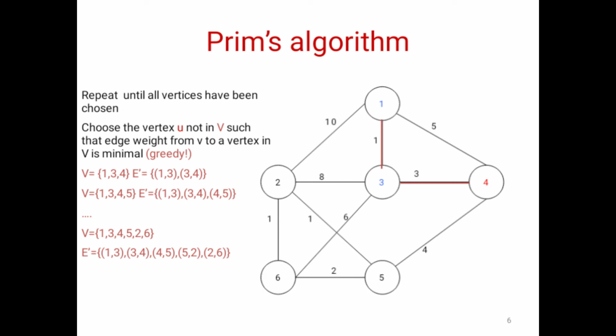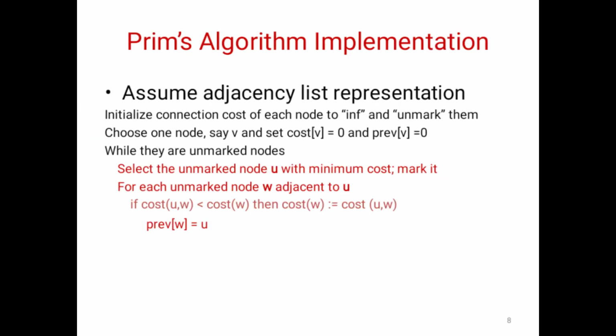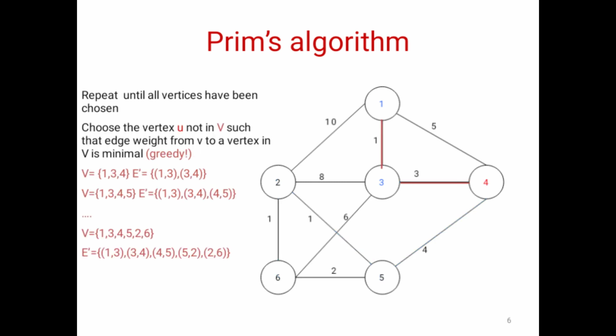You can see here I have chosen 3 to 4, highlighted in red color. Then from vertex 4, 2 vertices can be reached, 4 to 1 and 4 to 5. From 4 to 1 the cost is 5 and 4 to 5 the cost is 4. So the minimum cost is chosen, hence I am choosing 4 to 5.